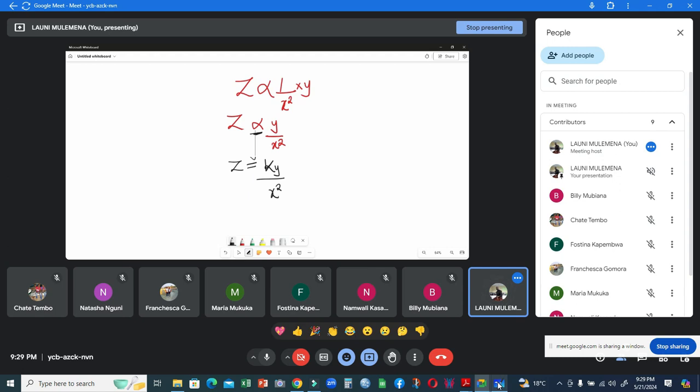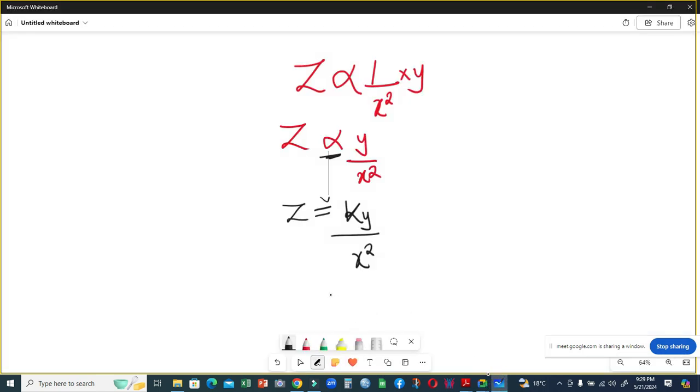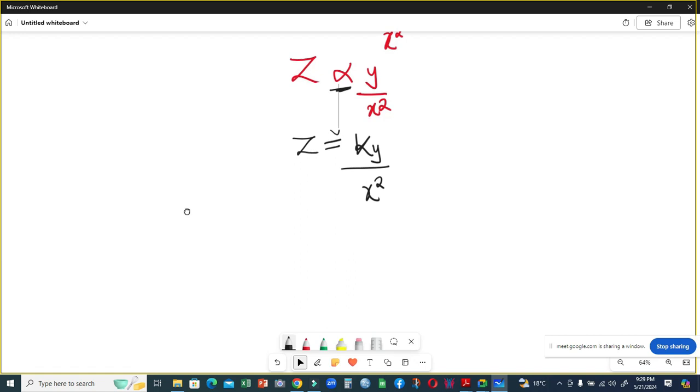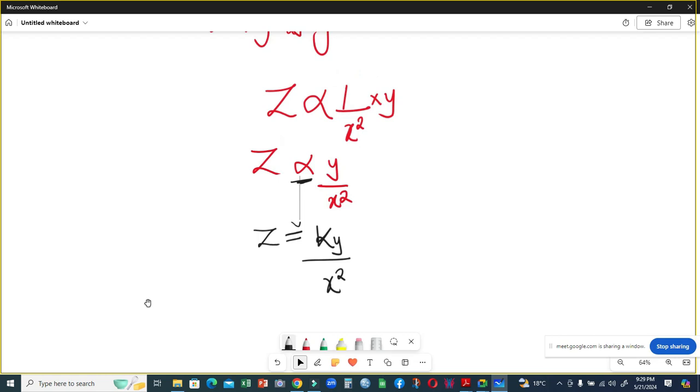After doing this, question A is saying we need to find the value of k, the constant of variation. Remember the statement was saying z varies inversely as the square of x and directly as y. Now they have given us the information that z is equal to 6, x is equal to -3, y is equal to 27.